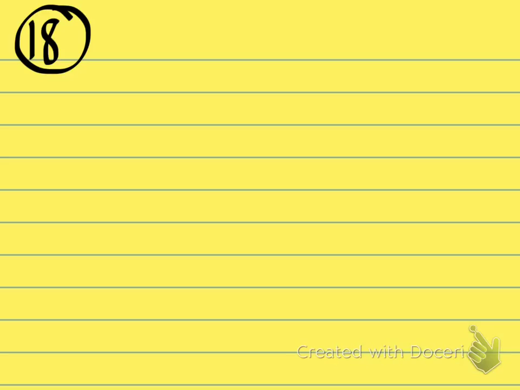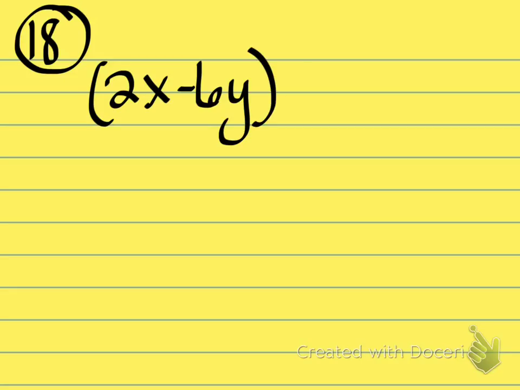So if I see something like number 18, which was 2x minus 6y squared, I automatically know that in order to get my answer, I have to square the first term, square the second term, and figure out what 2ab is going to be to get my middle term. So my first term, when I square 2x times 2x is 4x squared.